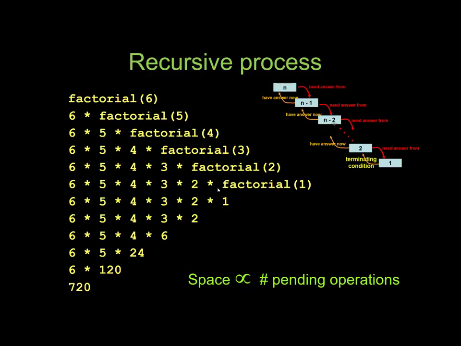So there are 5 of them. In general, factorial n will require space to keep track of n-1 factorial calculations, as well as n-1 multiplications yet to be completed. So the number of pending operations is linearly proportional to n, and thus the space requirement is also linearly proportional to n.